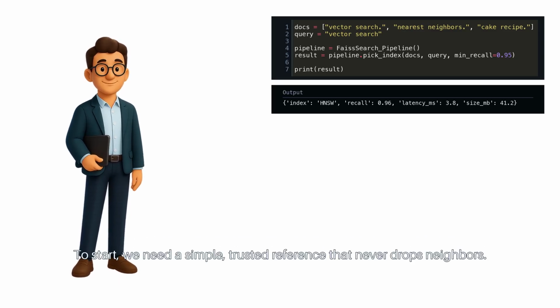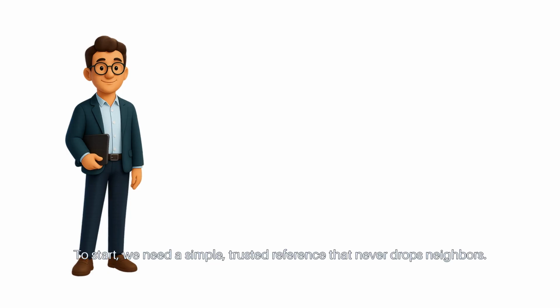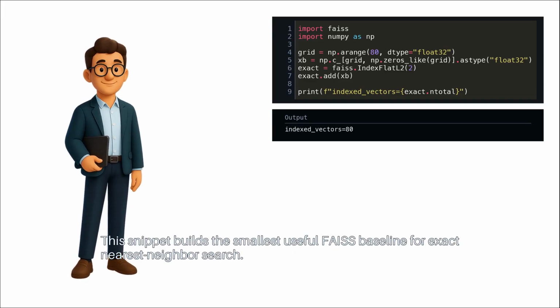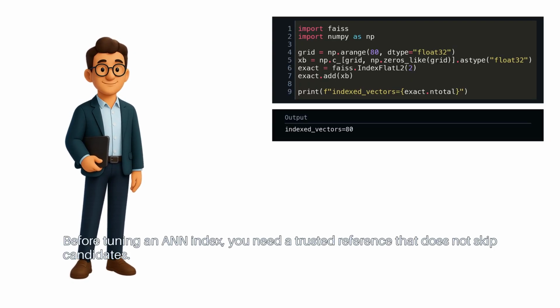To start, we need a simple, trusted reference that never drops neighbors. This snippet builds the smallest useful FAISS baseline for exact nearest neighbor search. Before tuning an ANN index, you need a trusted reference that does not skip candidates.